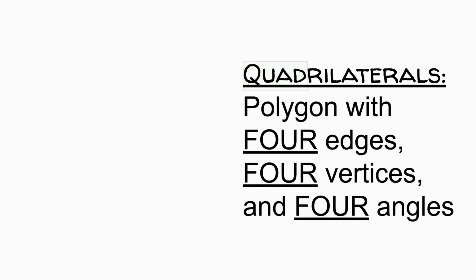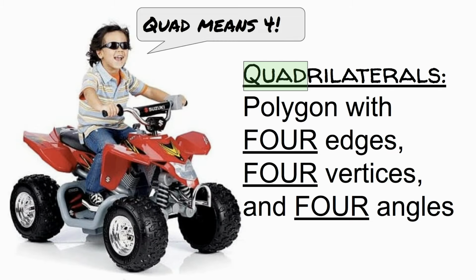When you think about quad, if you know what a quad runner is, that's a vehicle with four wheels. So quad means four, like this kid on this quad runner.